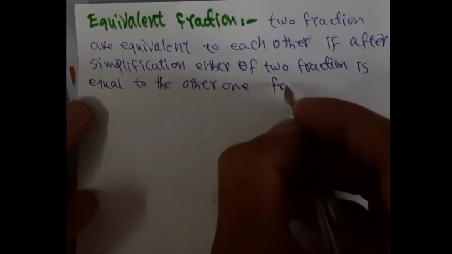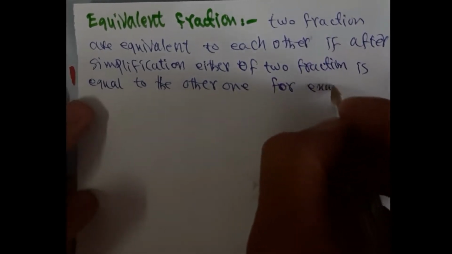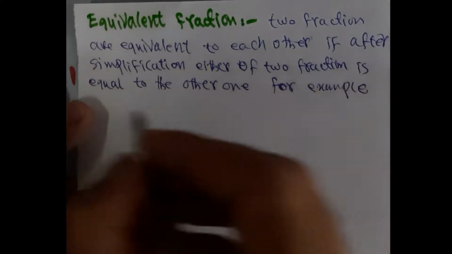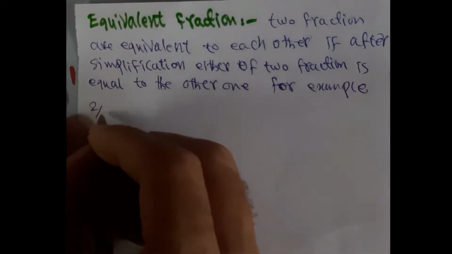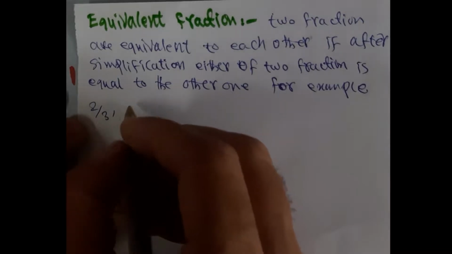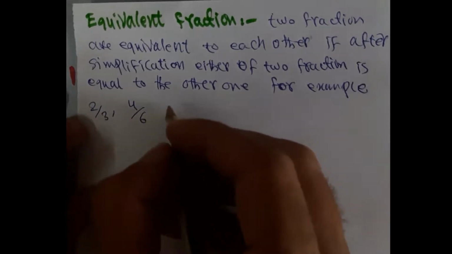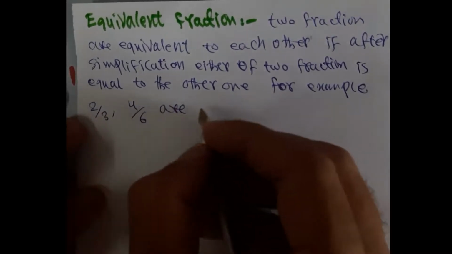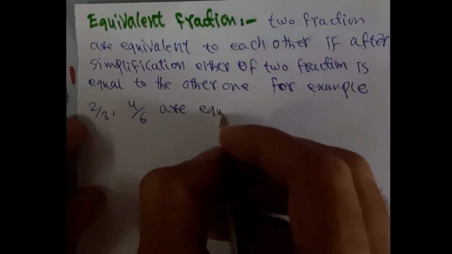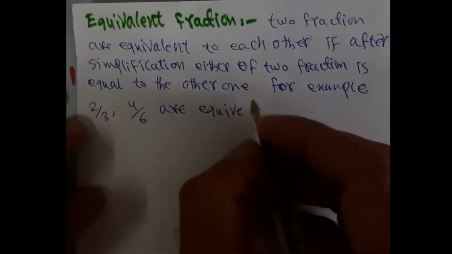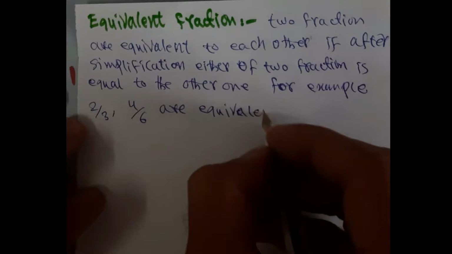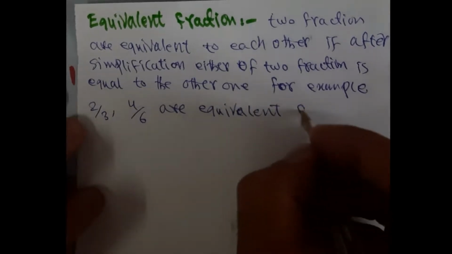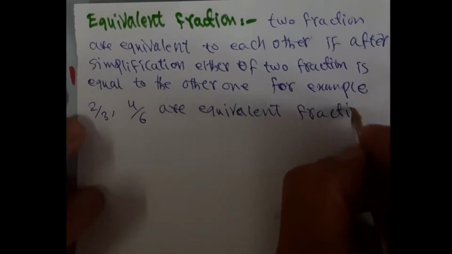For example, 2 by 3 and 4 by 6, they are equivalent fractions.